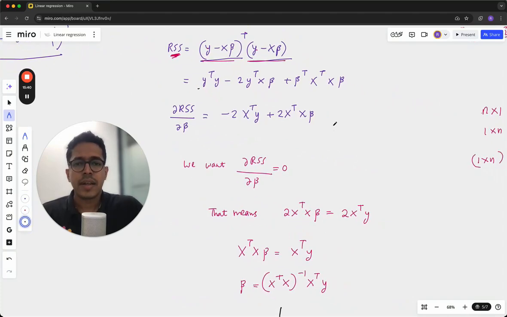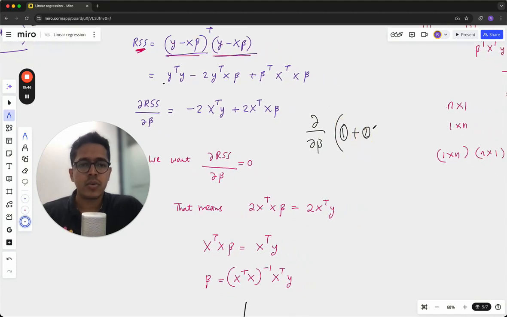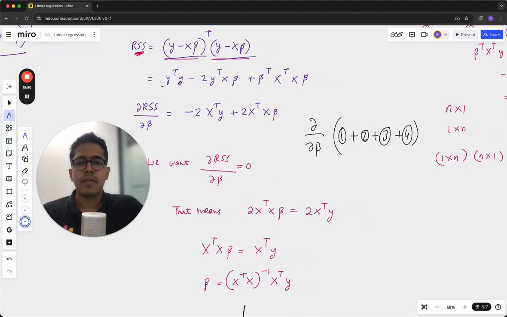So if we are taking the dou by dou beta of term 1 plus term 2 plus term 3 plus term 4, term 1 is not having any beta term, so you can ignore it. Then terms 2 and 3 we combine into one single term, right? So let's write it like that. So it's just terms 1, 2, 3. That's it. Term 4 we can ignore.